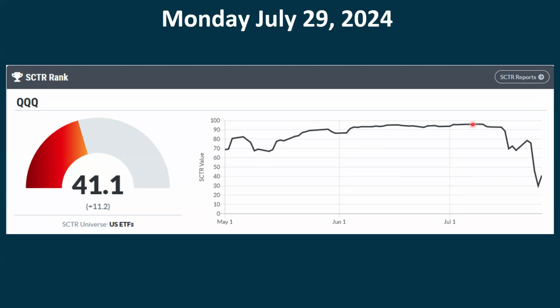Now this is negative in the fact that we've been seeing the NASDAQ 100 and the S&P 500 under some pressure, but it's positive in the fact that it's not taking money out of the market. It's just shifting money from one area of the market into another, and that's what we call rotation. But as this process has been taking place, the Qs have gone from being the strongest index to the weakest index this week, coming in at 41.1.